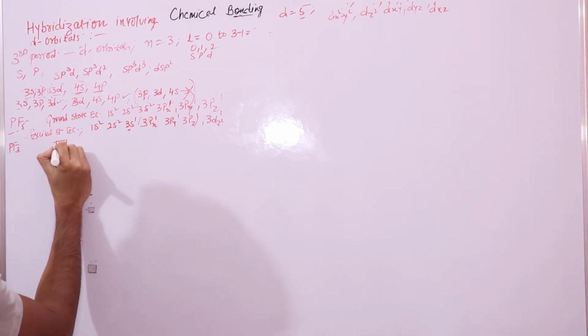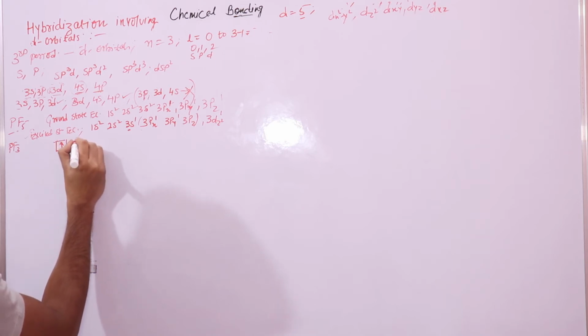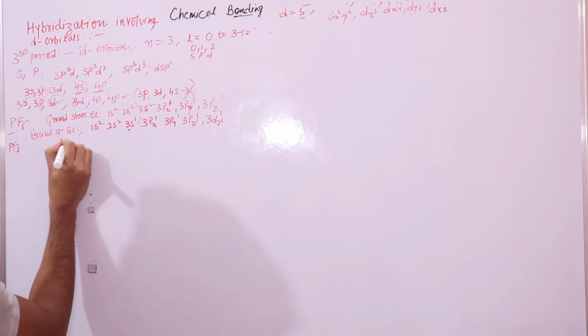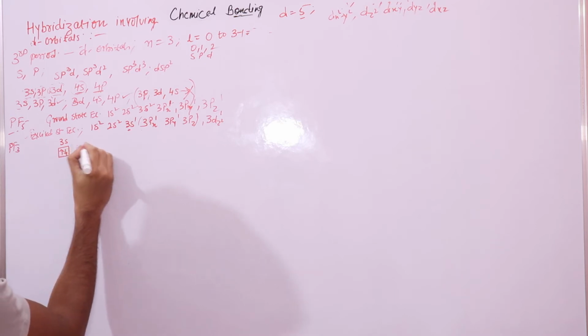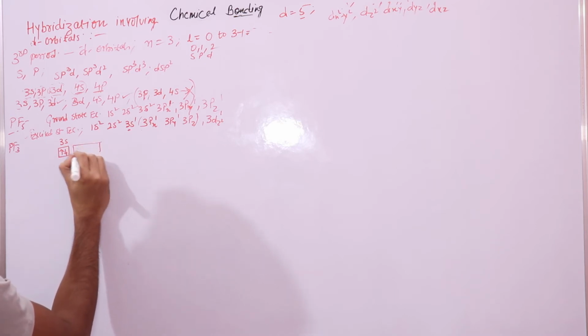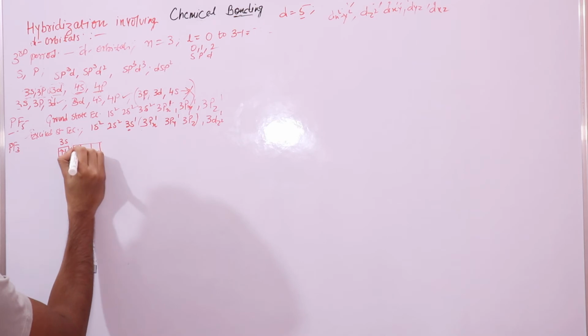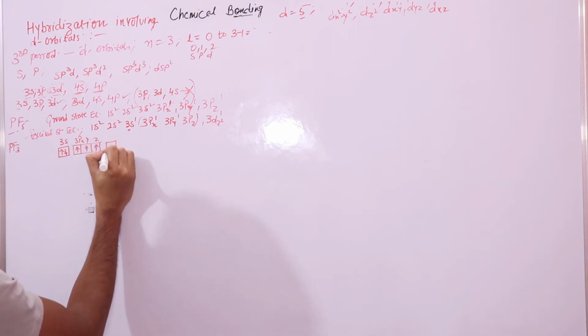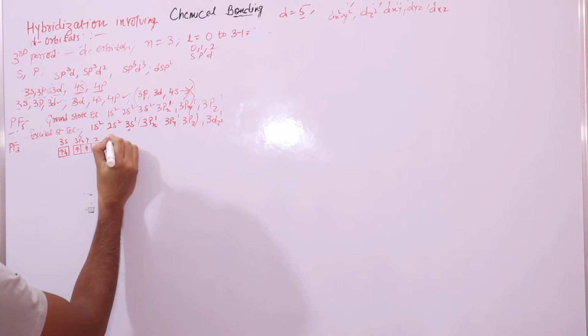It would be like this. This is 3s, 3px, 3py, 3pz, x, y, z, right? Then you have one more orbital, 3dz square 1.